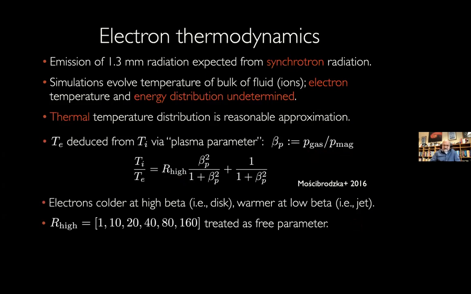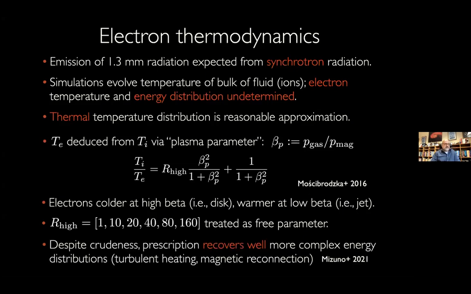Now you may think that this is very crude. It is crude, but it is analytic. And so it's very fast and allows us to produce a lot of different scenarios rather simply. And later on, we've done a much better job. There's a paper by Yosuke Mizuno, who has looked at how things would differ if you use a more complex energy distribution, coming maybe from turbulent heating or magnetic reconnection.